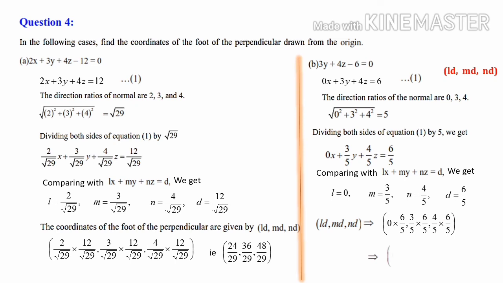Go for calculation: 0 into 6 by 5 is 0, 6 into 3 is 18, by 5 into 5 is 25, 4 into 6 is 24, by 5 into 5 is 25. So 24 divided by 25. So this is the foot of the perpendicular of the given plane 3y plus 4z minus 6 is equal to 0.